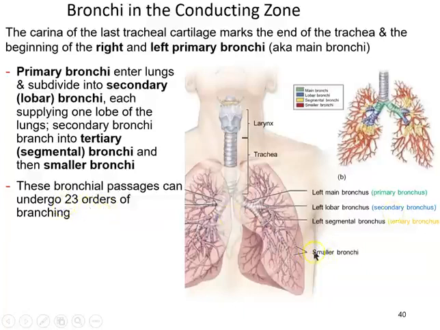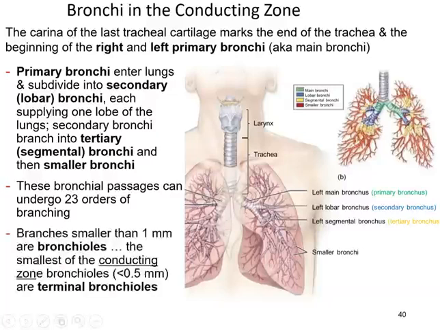And so hopefully that's giving you a sense of just how small these have to be when they actually supply an alveolus with air. So when they get smaller than a millimeter, which at this level it'd be visible, like that would be a millimeter. No, it might be smaller than that, but you can definitely see something a millimeter thick.